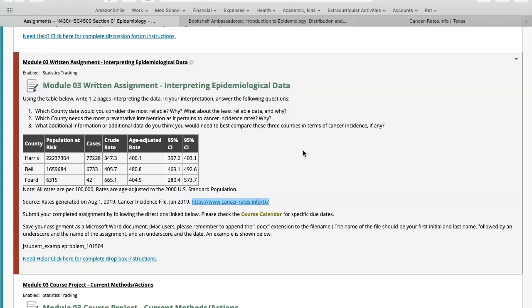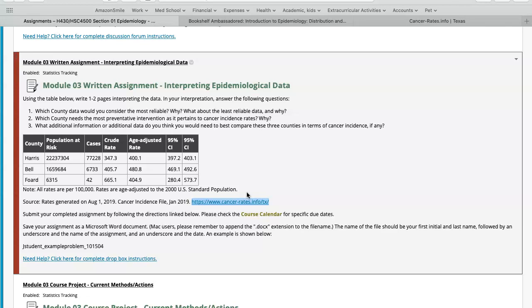And a key indicator here, read about confidence intervals, but for your confidence interval, we have the high end and the low end. I can tell you that the range between the high and the low is a very important factor as it relates to how reliable your data is.